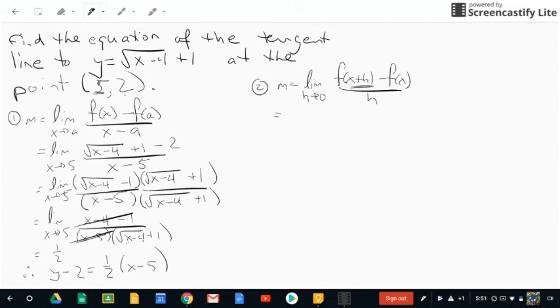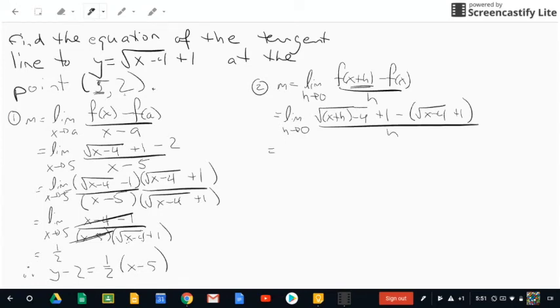So the slope of our tangent here is going to be the limit as h approaches 0. And in this case, our function is going to be the square root of x plus h minus 4, plus 1, minus, I'm going to put this in brackets because I have to remember to do this correctly here, x minus 4 plus 1, all over h.